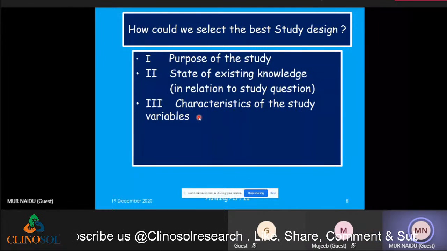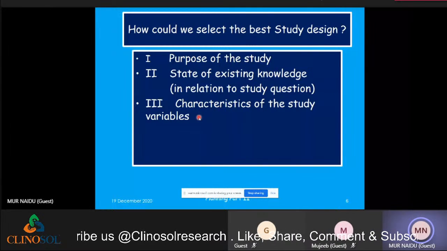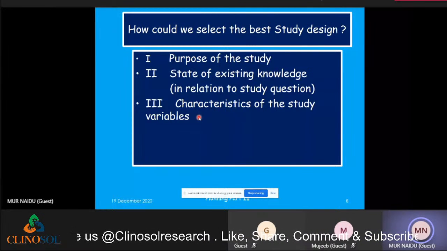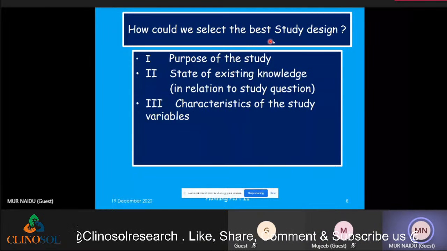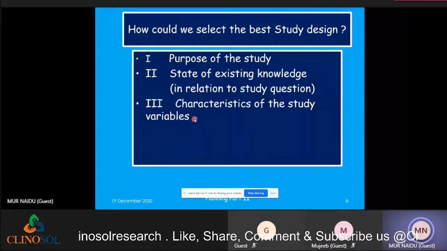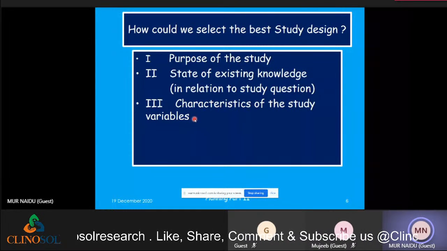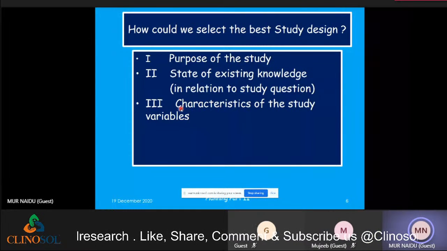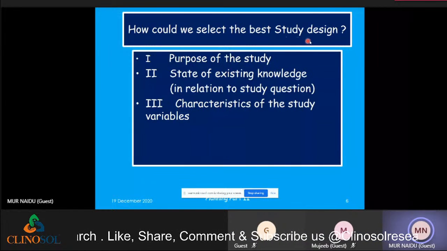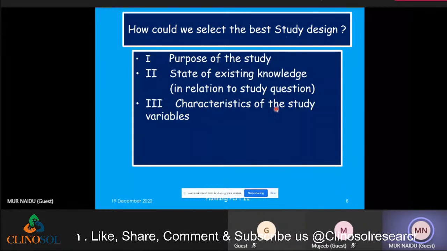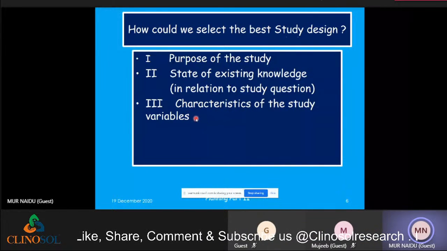Depending on the type of variable which you want to collect, a primary variable and secondary variable, you should be very careful to design in such a manner that variation in your data collection should not come. So the third important factor which will help you in the best study design is characterization of the study variable.